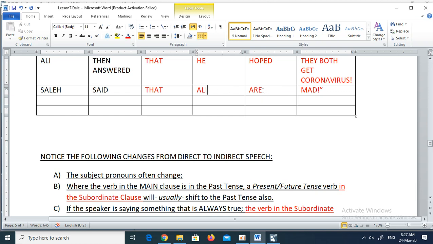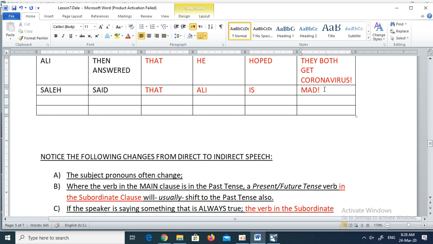We will move the verb from the second person "are" to the third person "is." But instead of making that "was," we can leave "is" in the present tense because Ali is always mad.